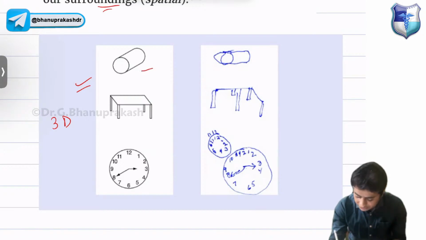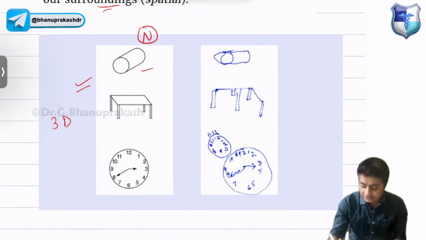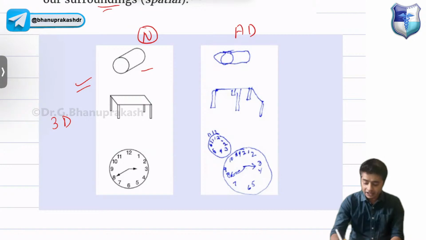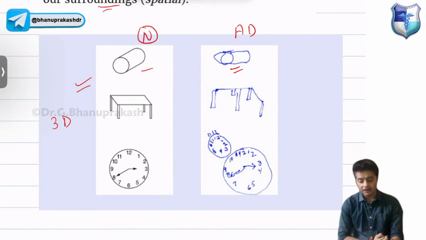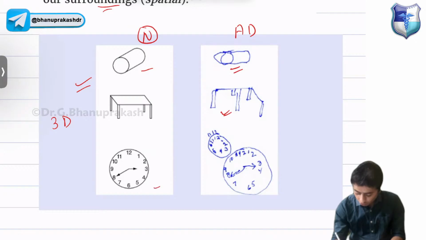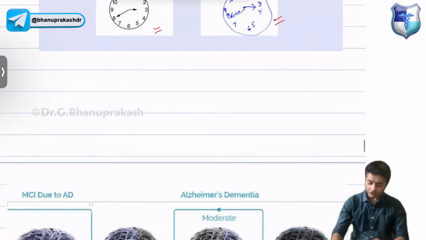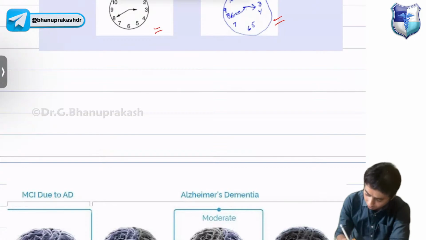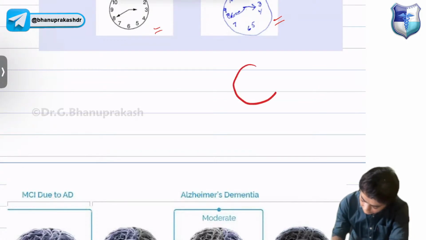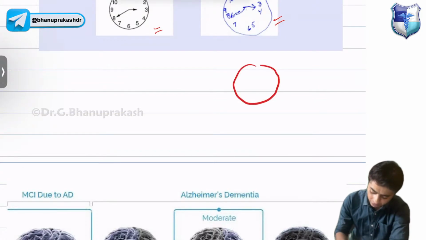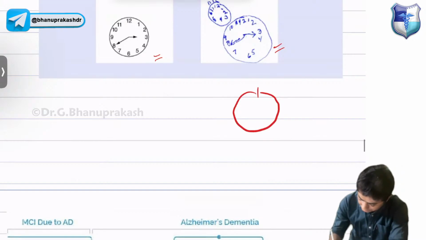No. See, this is a normal patient, and this is an Alzheimer disease patient. See, he's not able to draw a cylinder. He's not able to draw the table. And when we tell him to draw a watch, see how he has drawn the watch. Suppose this is a normal watch, so he will draw a watch like this.